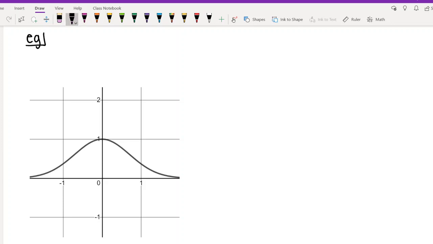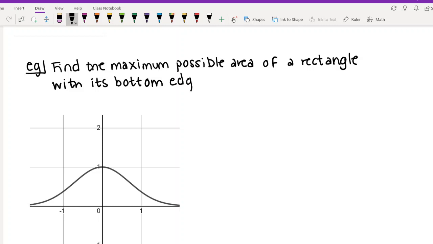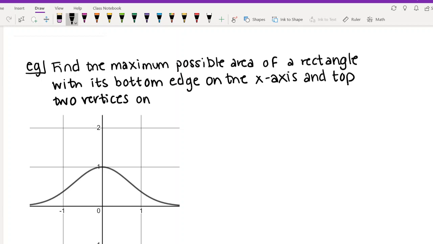So for this one, we're finding the maximum possible area of a rectangle with its bottom edge on the x-axis and top two vertices on the graph of, so this function that we have graphed here is y is equal to e to the negative x squared.